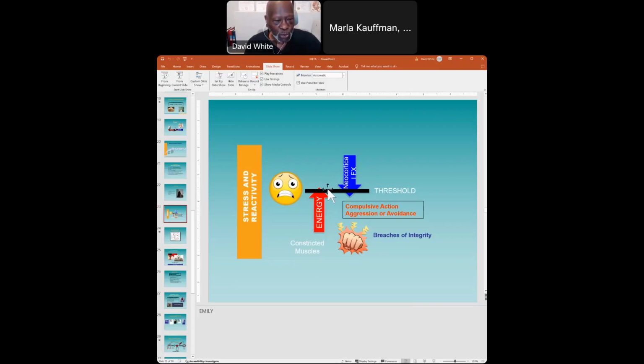And when you hit that threshold, you no longer have access to being a reasonable human being. You're now responding out of the place of your sympathetic, you're now reacting from your amygdala and your emotions, and it shut down your ability to think reasonably.